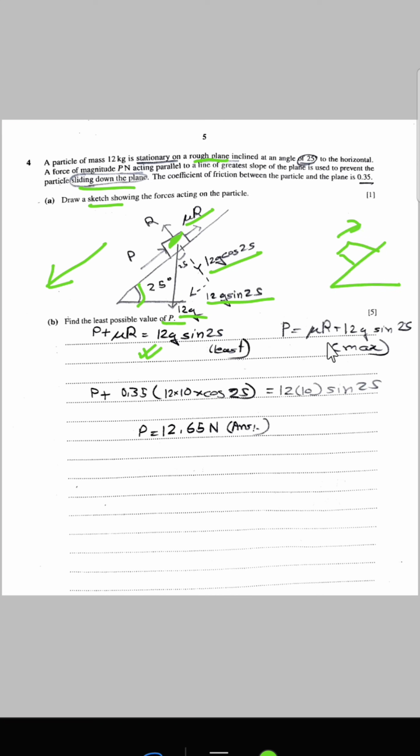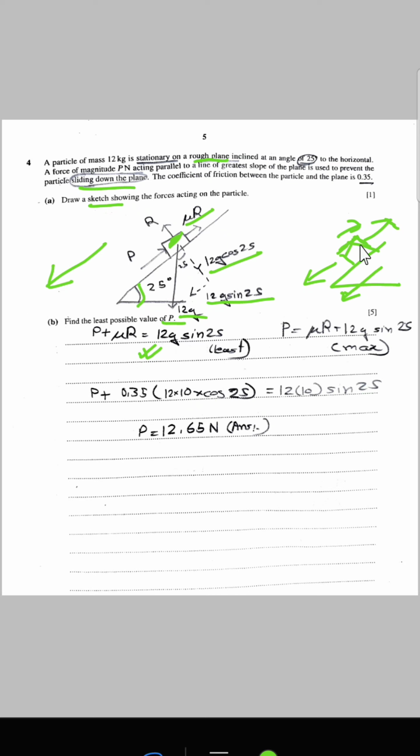But the other equation occurs when the object is moving upwards, therefore friction is acting downwards, and the component of weight is also acting downwards. For P to have a maximum value, the object is moving upwards, caused by P. P causes the object to move upward, therefore friction, which is opposite to the direction of motion, is acting downwards, and the component of weight is also acting downwards.